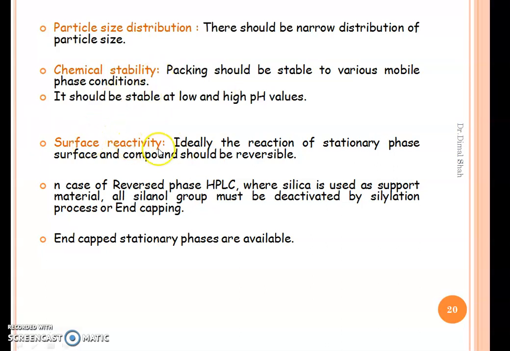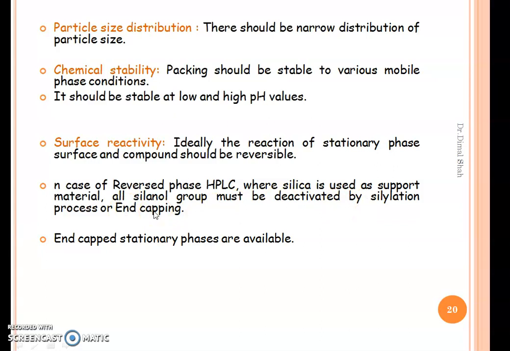Surface reactivity: ideally, the reaction of the stationary phase surface and the compound should be reversible. In case of reverse phase HPLC, where silica is used as support material, all the silanol groups present on the silica must be deactivated by the silylation process or the end capping process.